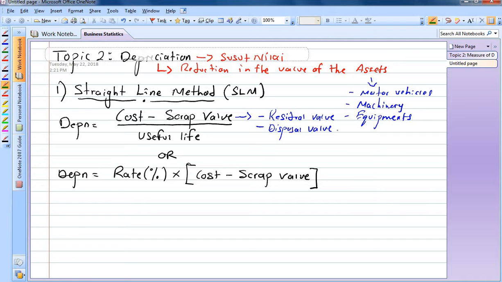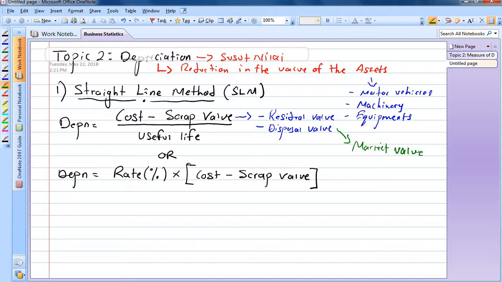So this is actually the market value, the value of the car at the time that you want to sell. So that is considered as a market value. But why do we put it as a scrap value or disposal value? Because you want to sell off. That means you're going to dispose. You don't want that particular asset anymore.